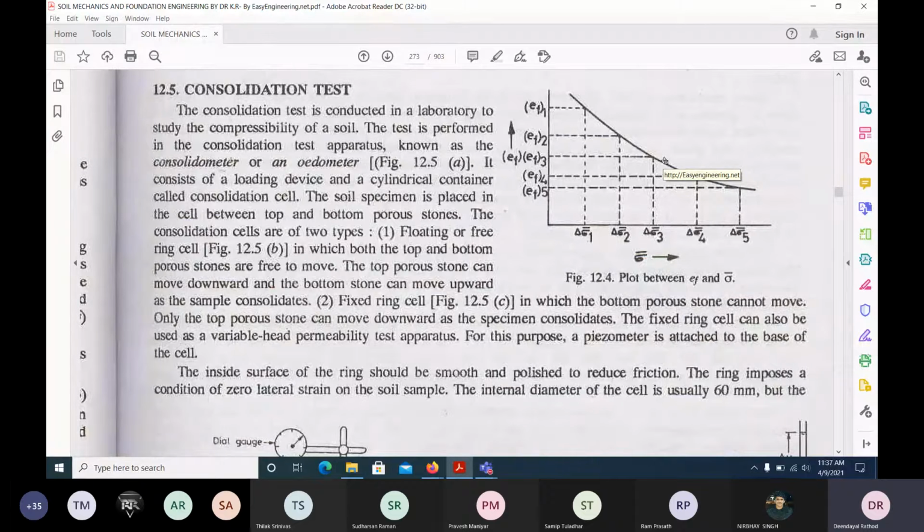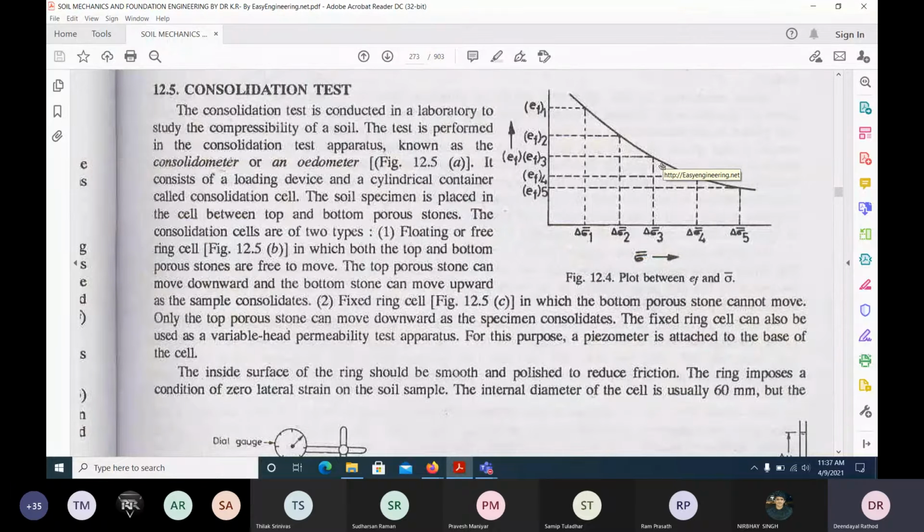If the soil settles more than that, you can observe cracks in the building and the building may sink, or collapse. IS code has given permissible settlements for different soils, different foundations and so on, that you will see in the next semester. But in today's class, we just focus on consolidation.